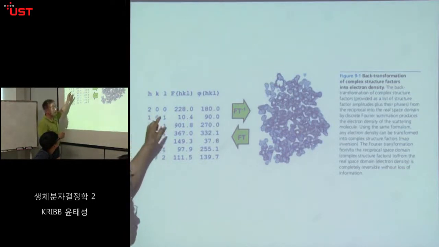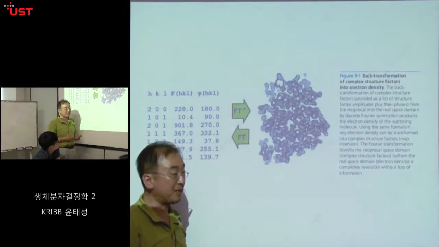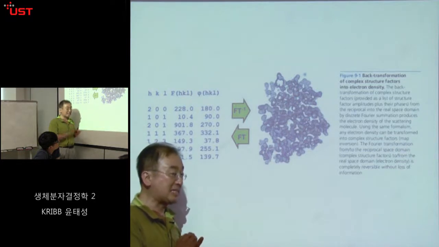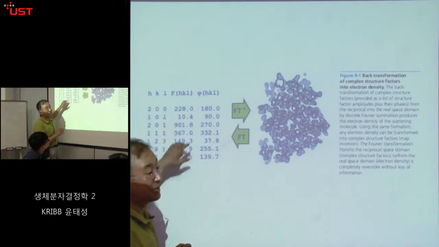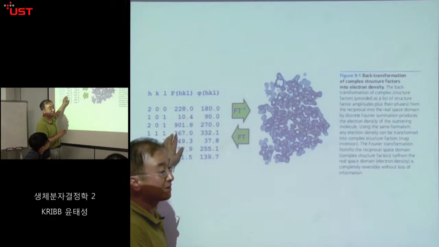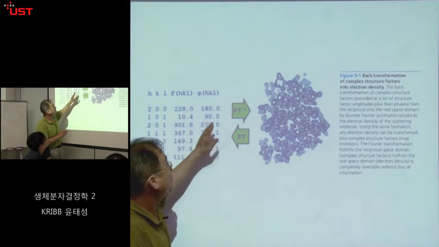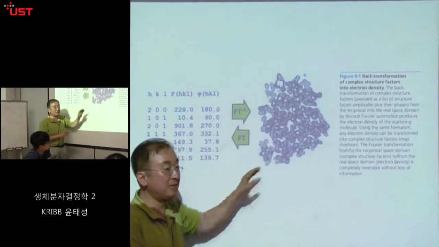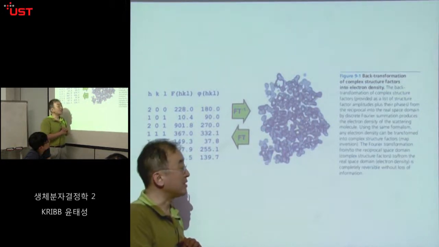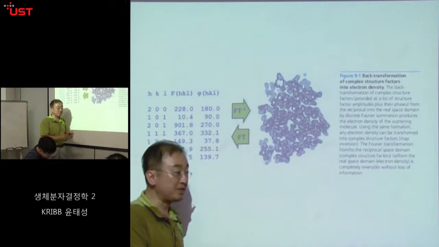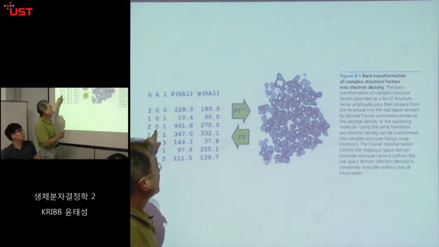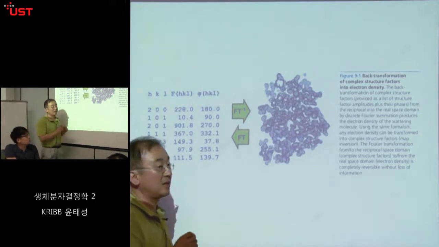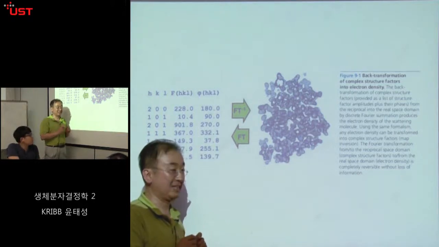Like HKL, I skipped some background in mathematics, but I talked about the discrete one and the continuous one. So these are discrete in terms of function. So we should have a discrete one even in real space. The real space equivalent to this kind of discrete function in reciprocal space is the electron density grid.